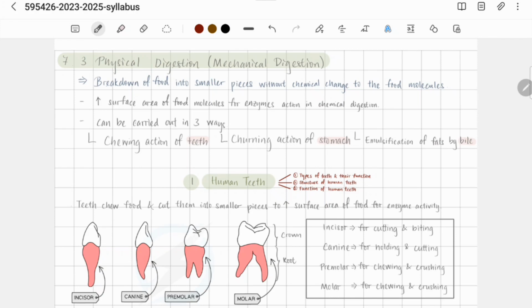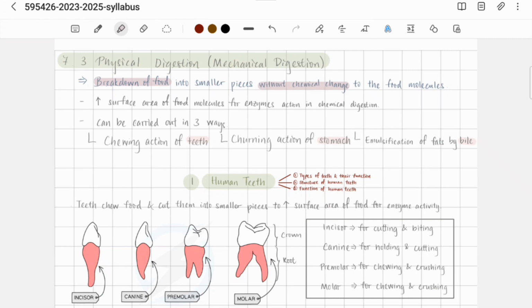The keyword here is breakdown of food, because it's digestion. And then after that, without chemical change to the food molecules.